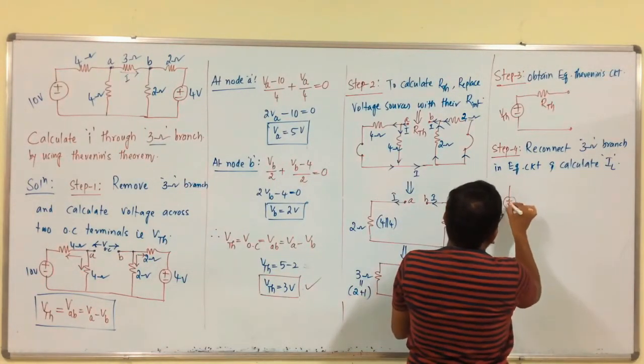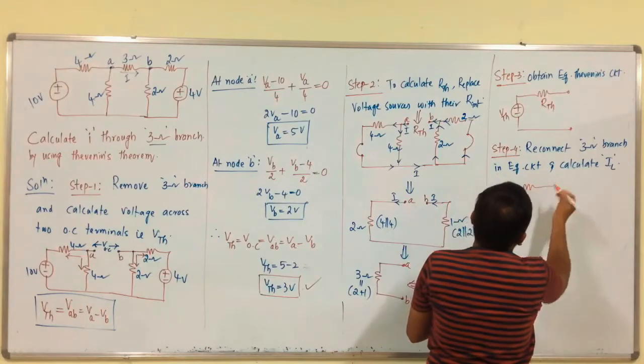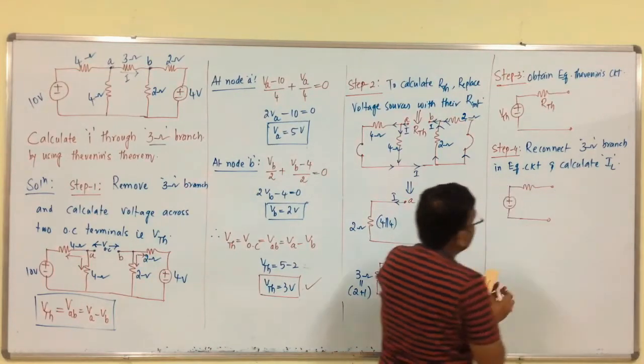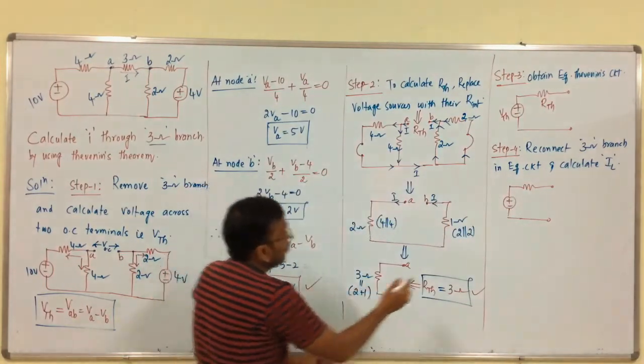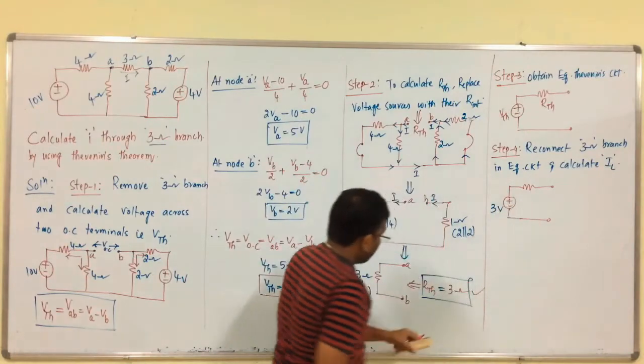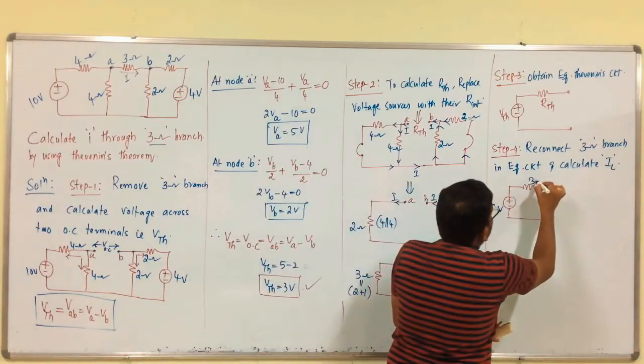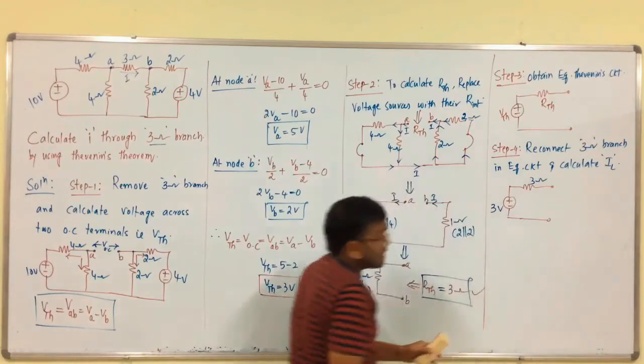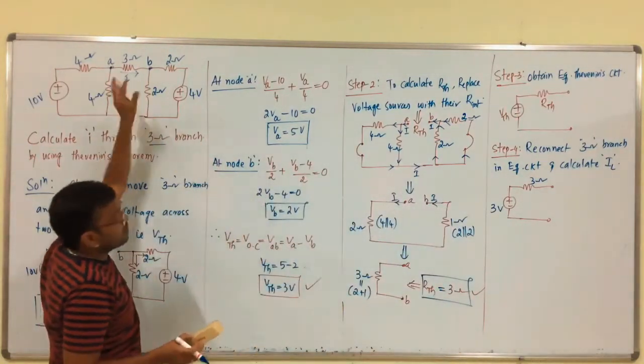So, plus minus VTH and this is RTH. What is the value of VTH here? That is 3 volts. What is the value of RTH? 3 ohms. And what is the load resistance for us? Again 3 ohms.